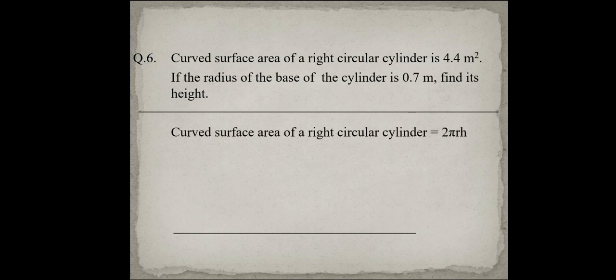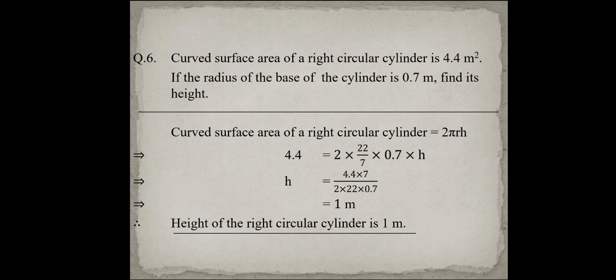Curved surface area equals 2 pi rh, and this area is given here as 4.4, and the radius is given as 0.7 meter. So we need to find the height. Height equals 4.4 into 7 upon 2 into 22 into 0.7, that equals 1 meter. So the height of the cylinder is 1 meter.